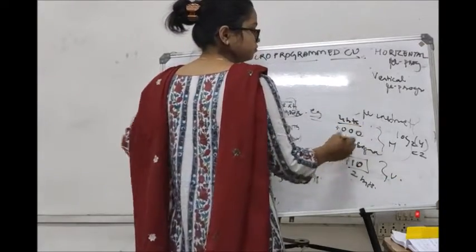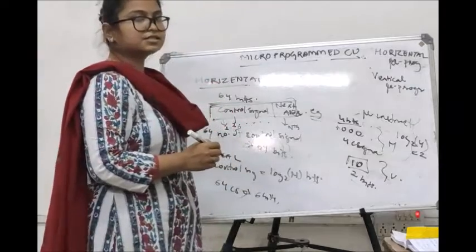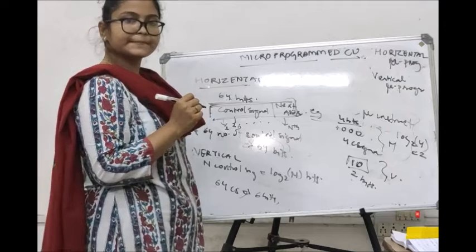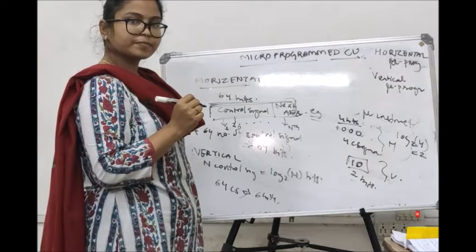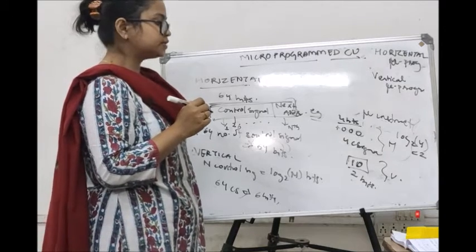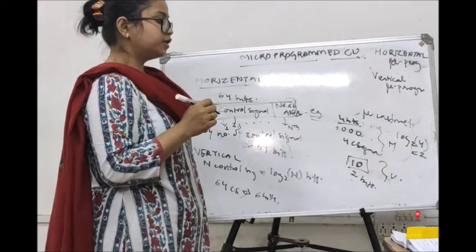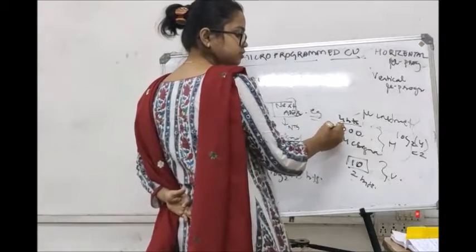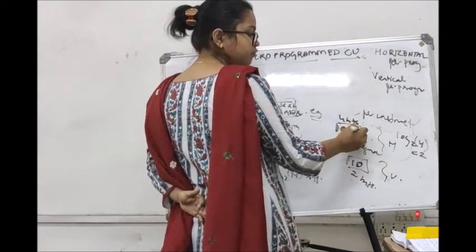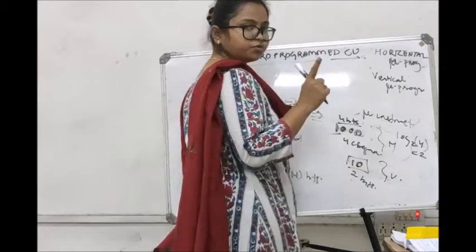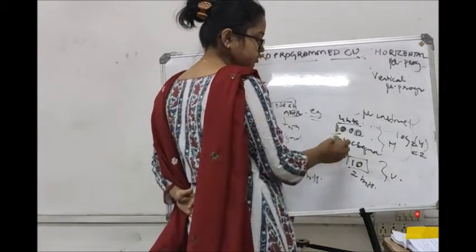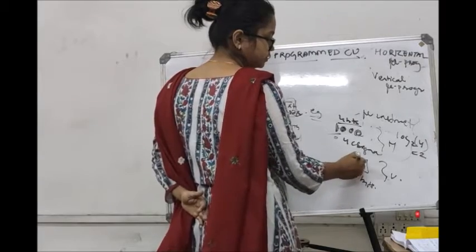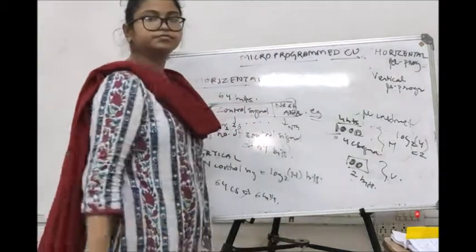Similarly, if the value is 1, 0, 0, 0, this is actually 8. To represent it, in what position is the 1 present? First position, so this is the 0th position. So we can represent it as 0, 0.